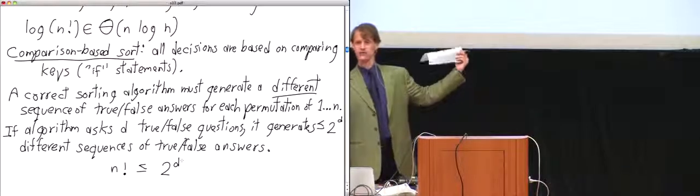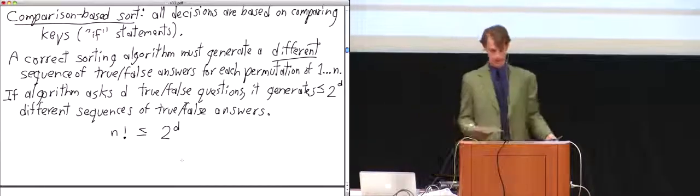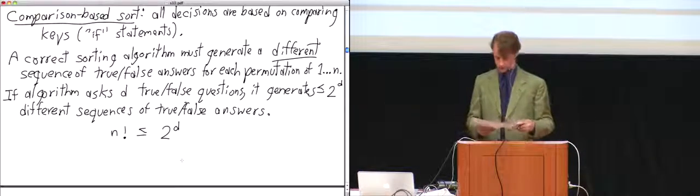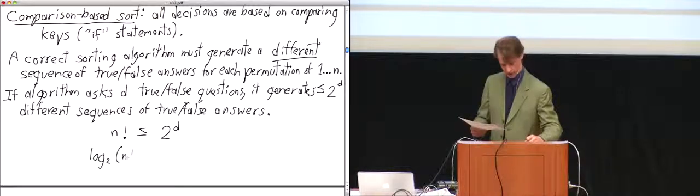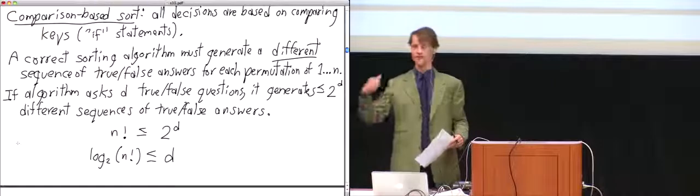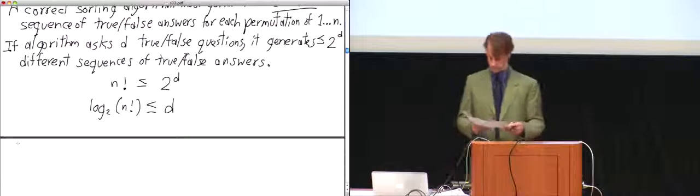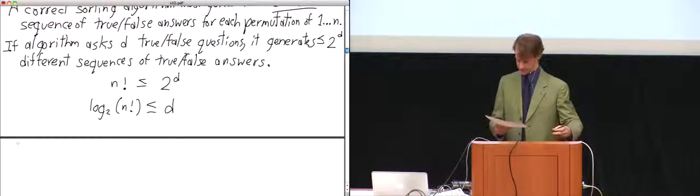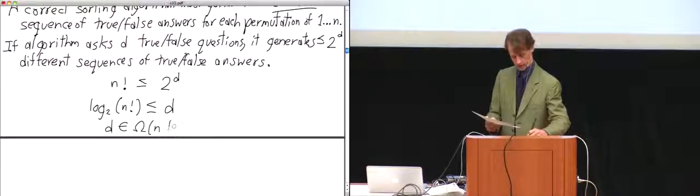This inequality has to be true for any comparison-based algorithm that actually gives you the correct answer. If I take the logarithm of both sides, specifically the base 2 logarithm, then log of n factorial is less than or equal to d. So the number of decisions I have to make is at least log of n factorial, and we've already seen that that is in big omega of n log n.